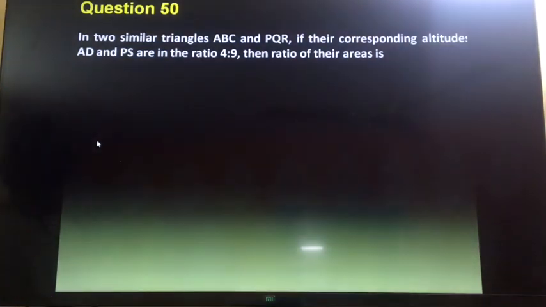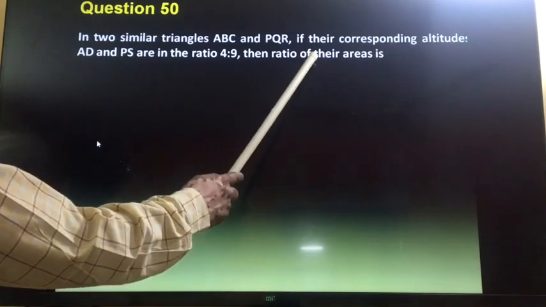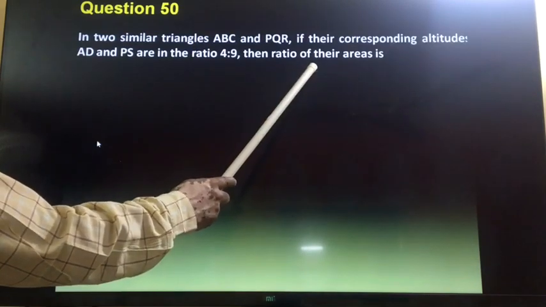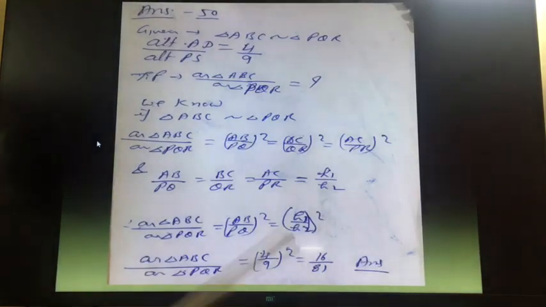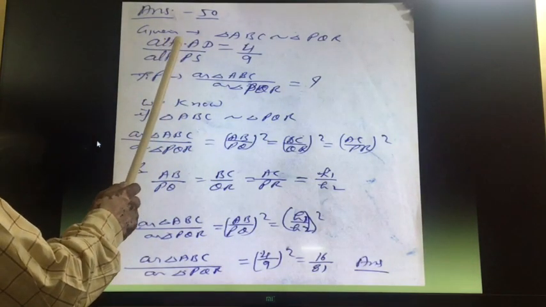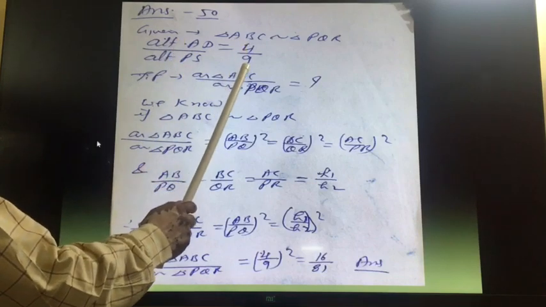For this, I have already told you the formula once again. The ratio of the areas of two similar triangles is equal to the ratio of the squares of their corresponding altitudes. This is a formula, not a theorem. It is the result of one question from the exercise of your textbook. So here the ratio of the altitudes of two triangles is given, and we want to find the ratio of the areas.